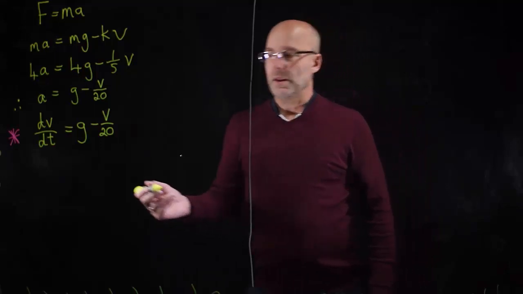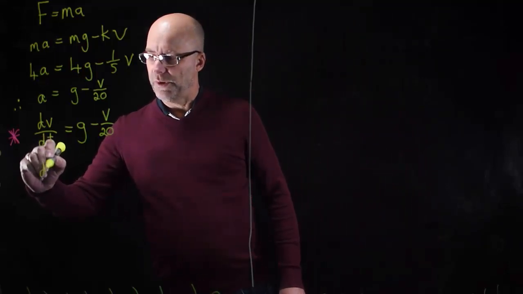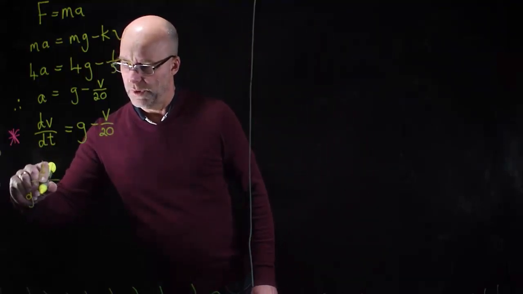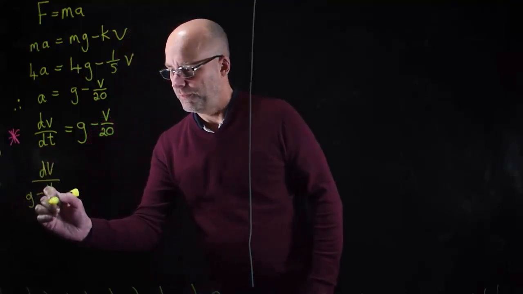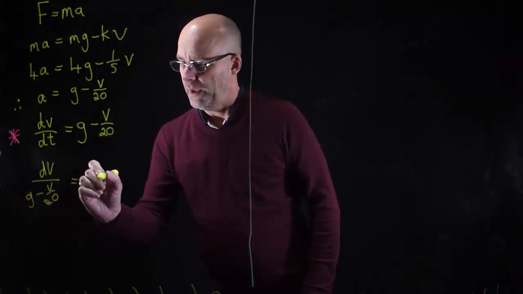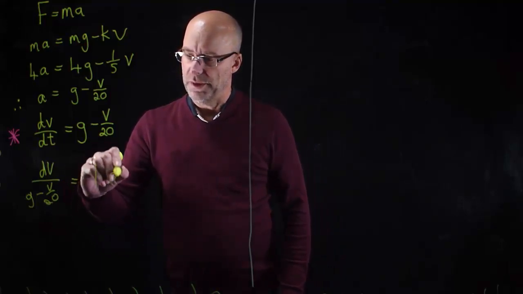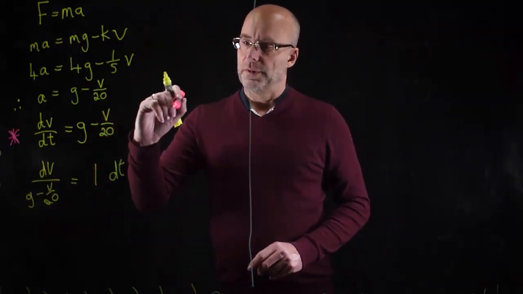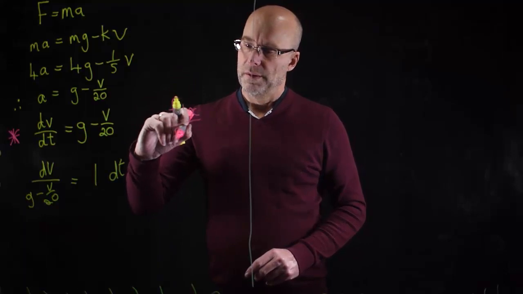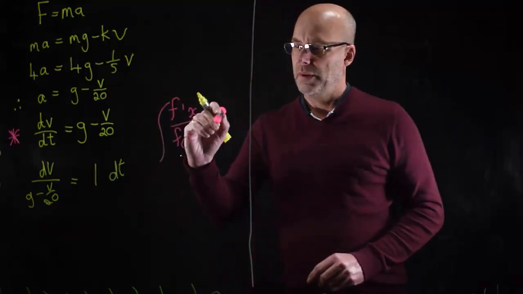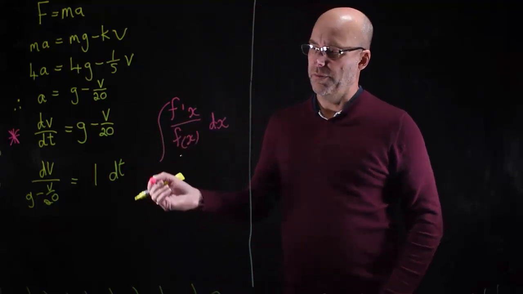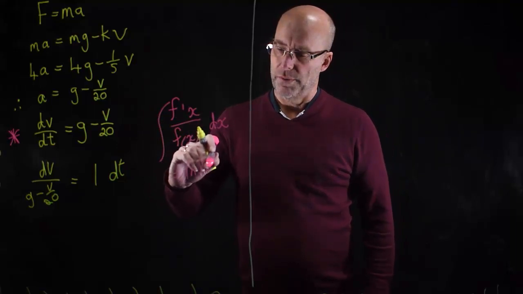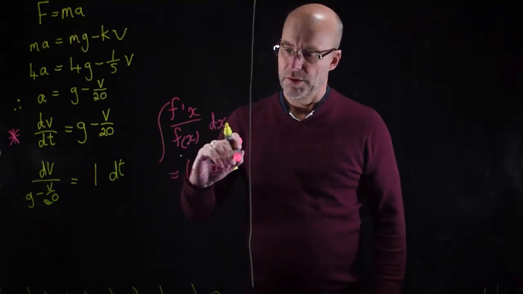So once we do that, we can get ready for the separation of variables. So we have dv on g minus v on 20 equals, on the right-hand side, 1 dt. Getting ready for integration, we need to be in the form of generically this. Okay, we're integrating in terms of v, but it's that form, and that becomes natural log of the denominator function generically, okay?